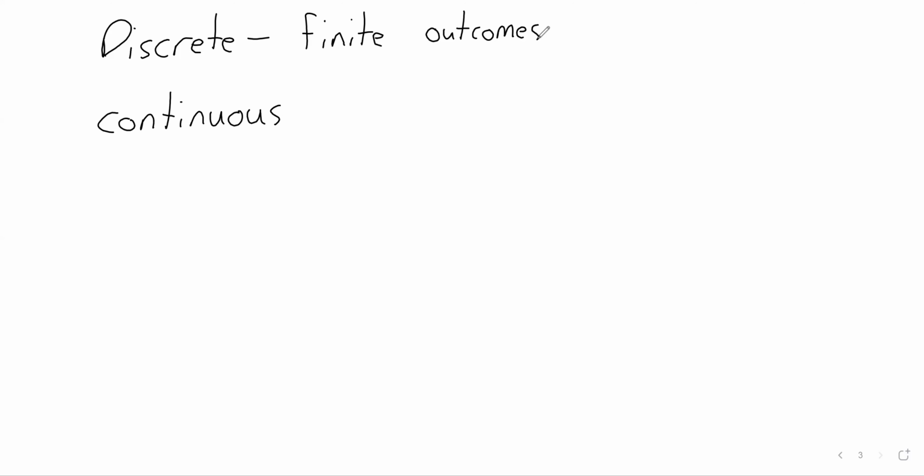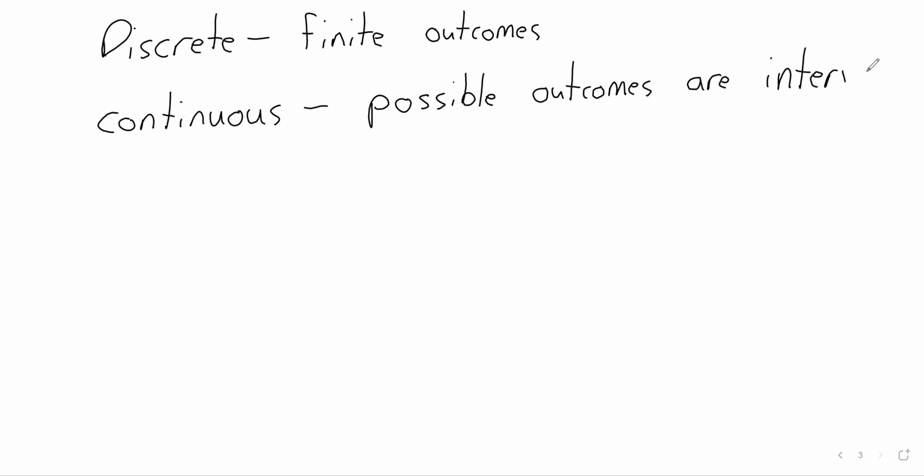And we'll say that a random variable is continuous if the possible outcomes are an interval. And so, let's say that when I walk to work, even if I sprint, I can't get there in more than 10 minutes.